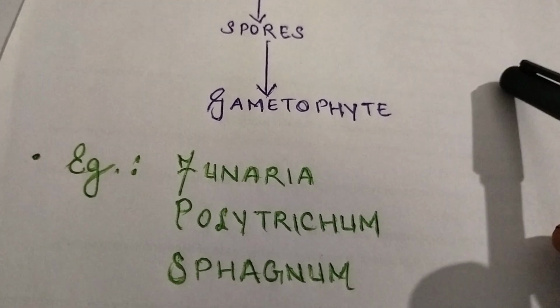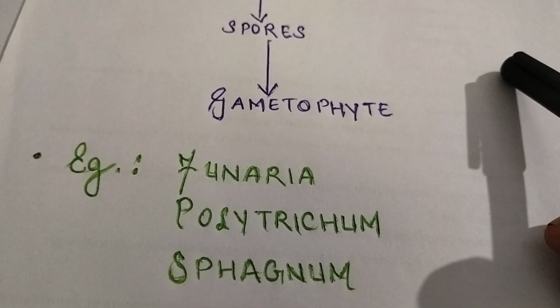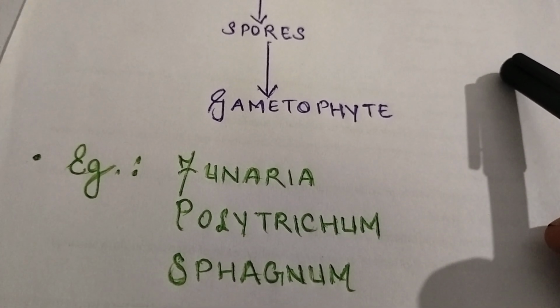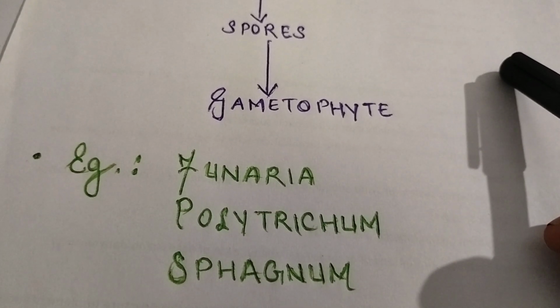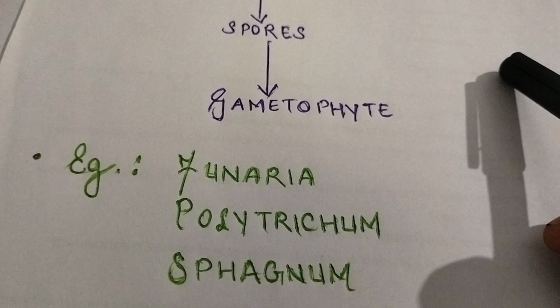See children, life cycle is very important in any plant. Stages of life cycle, you all have to remember them, learn them properly. They are often asked in questions, exams.